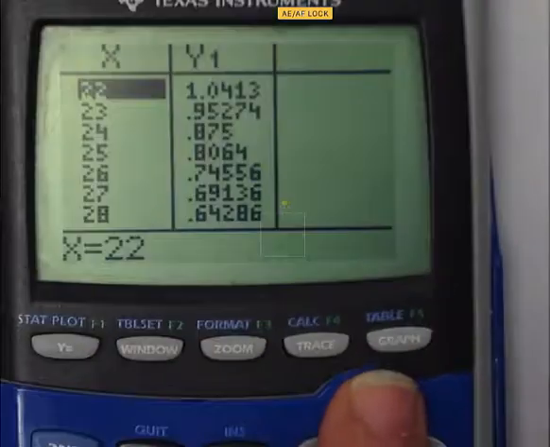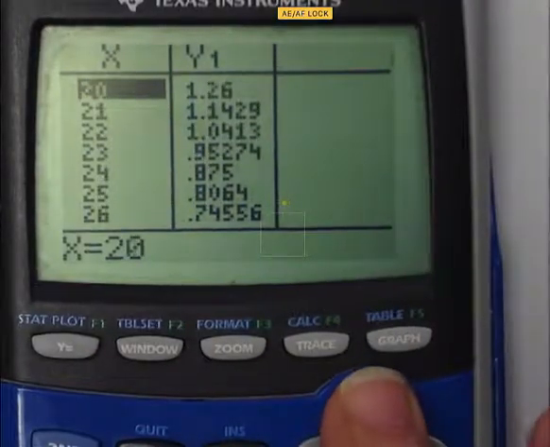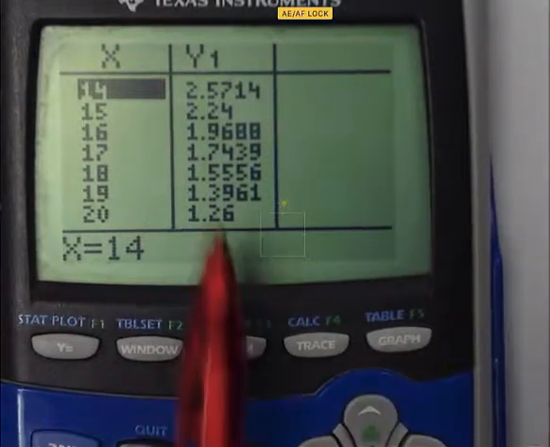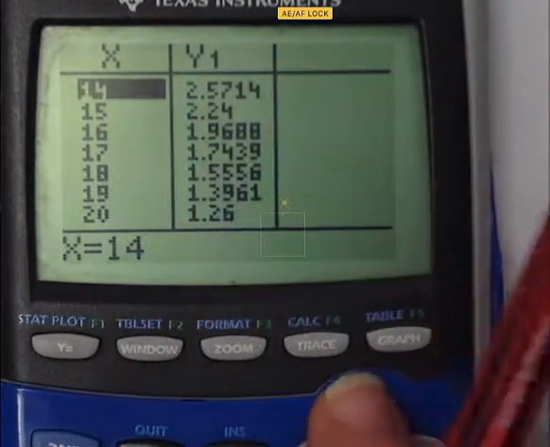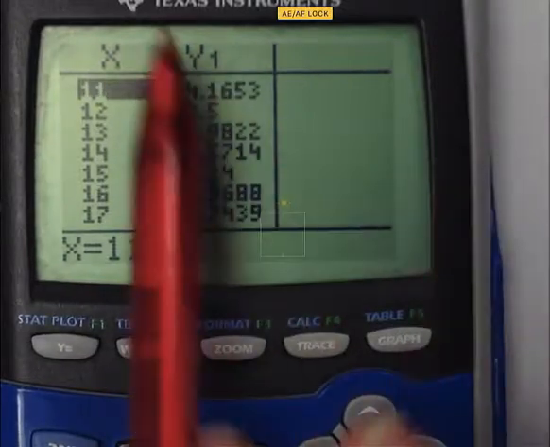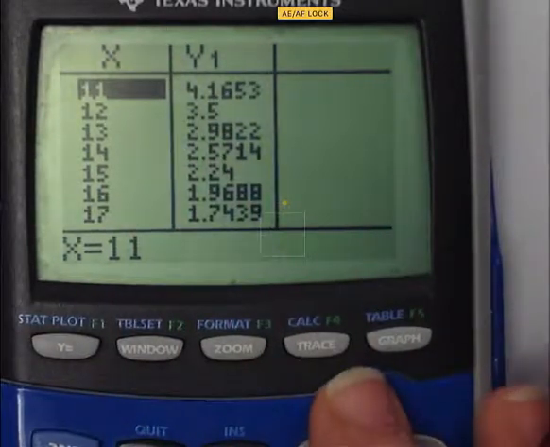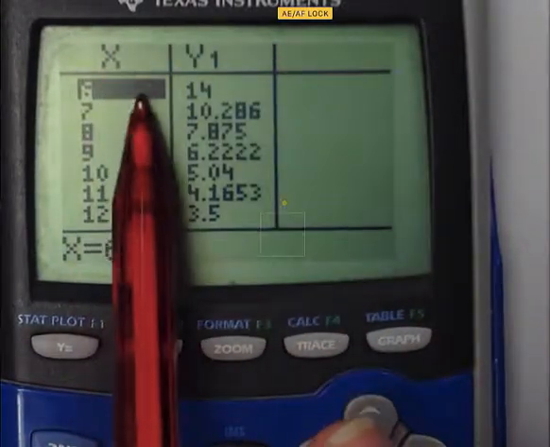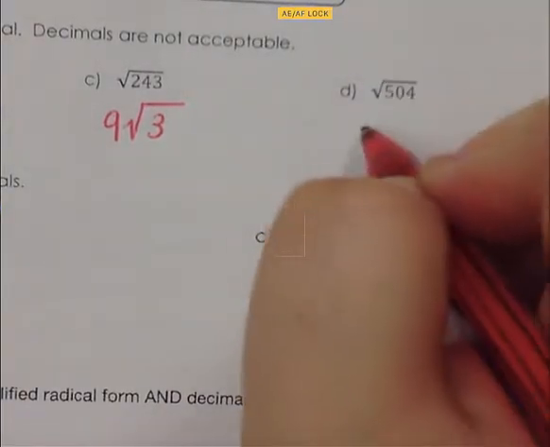I'm going to move up. So no, not yet. See if anything happens. So even though this is a nice decimal, we still don't use it. We have to have whole numbers. So even though 3.5 is nice, we don't want it. Keep going. So first time we have it is 6 and 14. So our coefficient is 6.